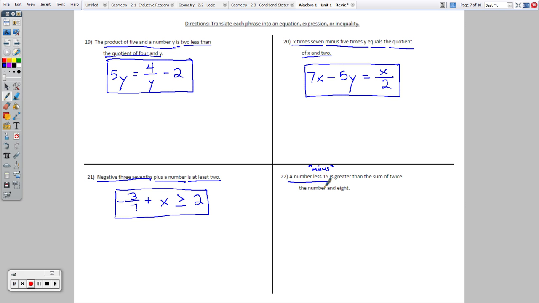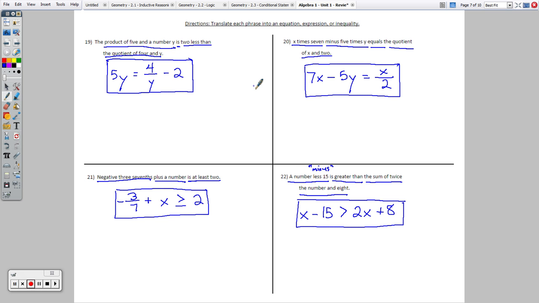So a number less 15, a number minus 15, we'll say x minus 15, and that is greater than, so that's strictly greater than, not or equal to, the sum of twice the number and 8. So the sum of twice the number would be 2 times x, and 8, the sum of those, that would look like that, 2x plus 8. That would be it for that one.